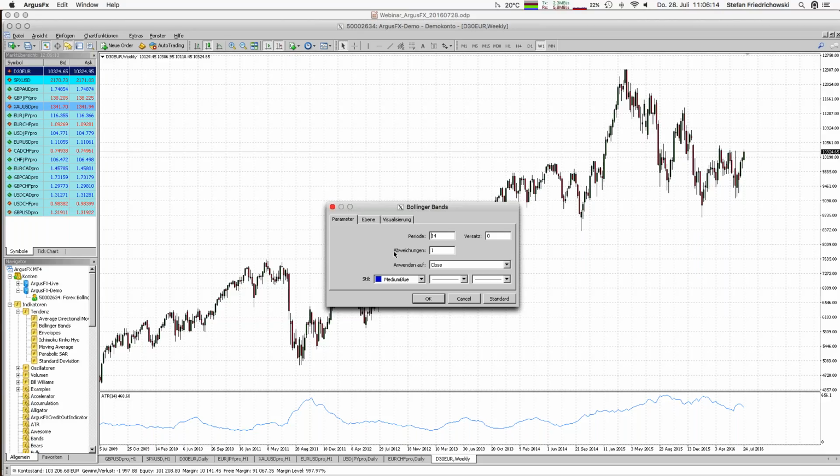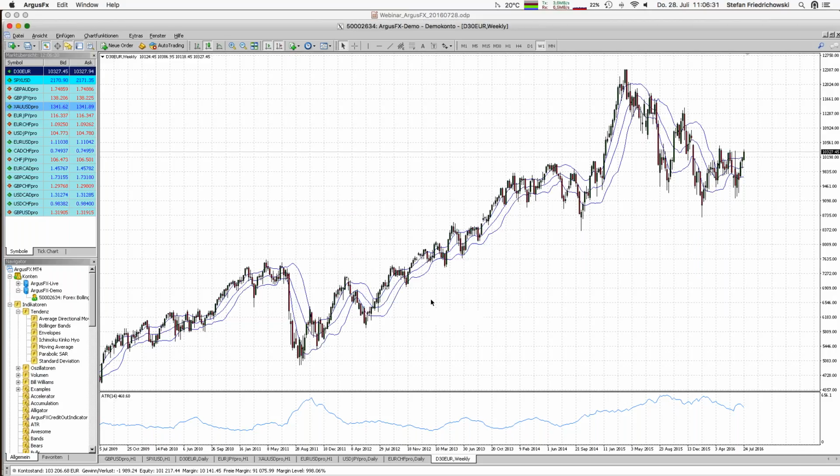And then the next step is the so-called deviation. The German word is Abweichungen. And that is exactly what I mean with ATR multiplier. I use, just for the beginning, the value 1, and then we get that kind of plot. The Bollinger Band is always a central line, and we have an upper line and a lower line.